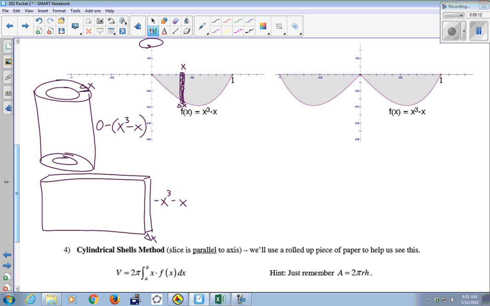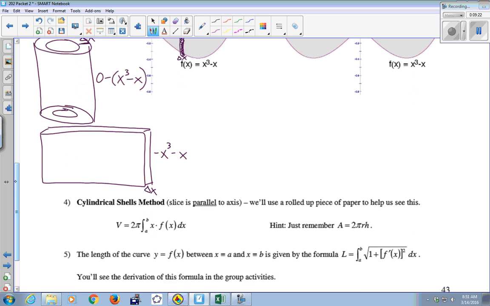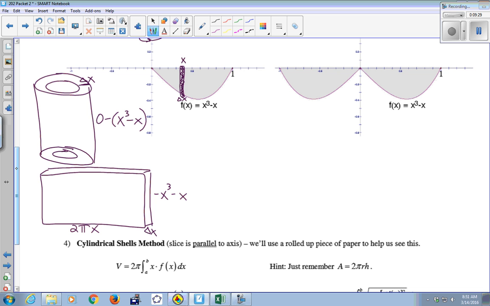So we're just going to call it x and sort of pretend that that distance delta x is so small that it doesn't make any difference. Okay. So the length of this rectangle is going to be 2 times pi times x. It's the circumference of this guy. And this distance from the center here to the edge is x, right? It's that distance on my graph.